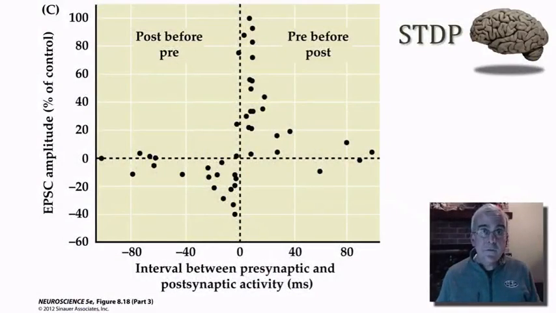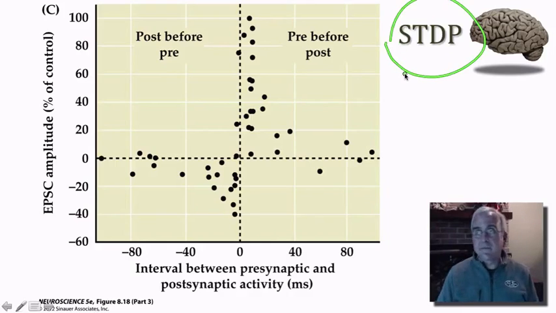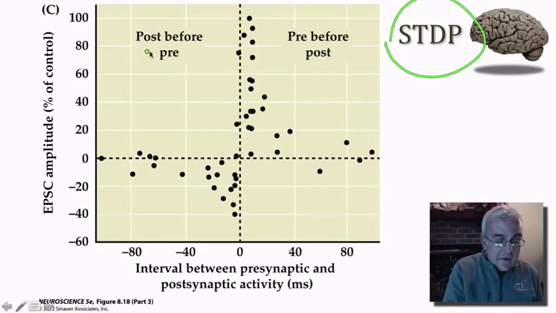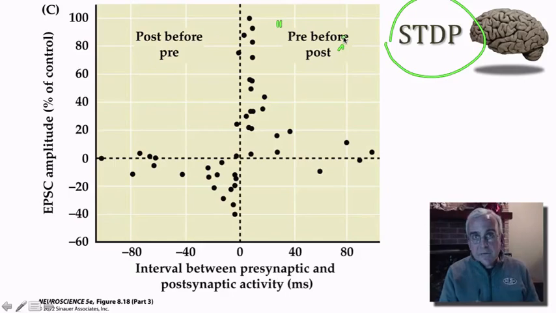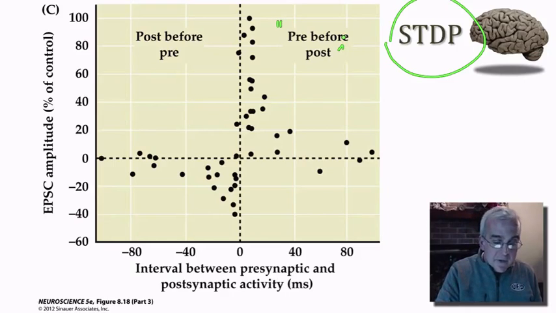When experiments such as these can be done over and over again, varying the interval between presynaptic activity and postsynaptic activity, it's possible to generate a function that accounts for spike timing dependent plasticity. And what we see is that in the pre-before-post regime, that is, when a presynaptic input is in a position to fire the postsynaptic cell, there may be a marked degree of potentiation.